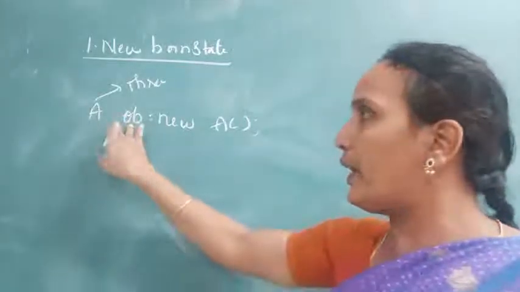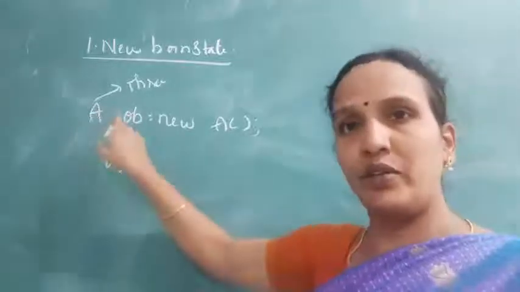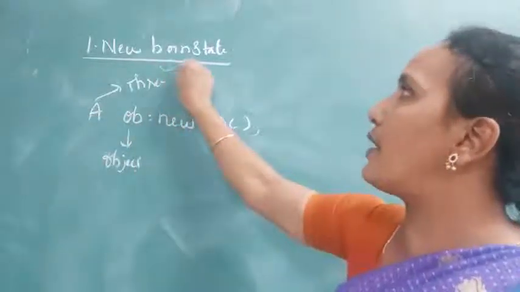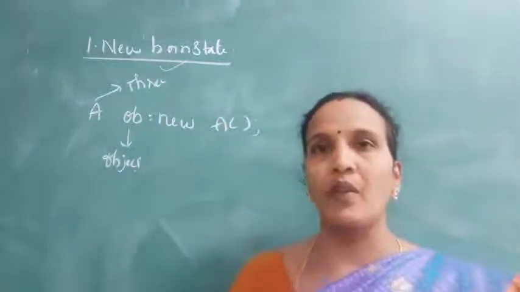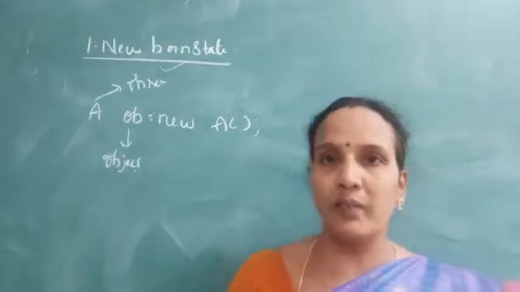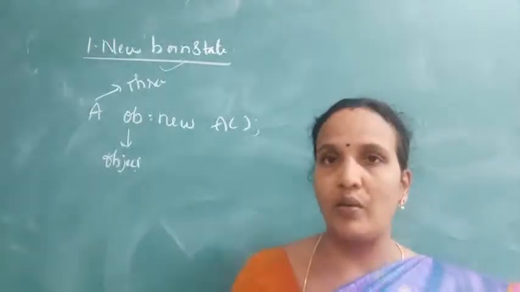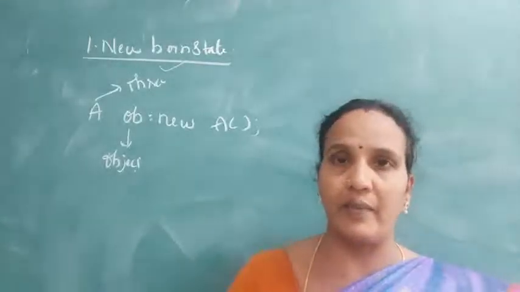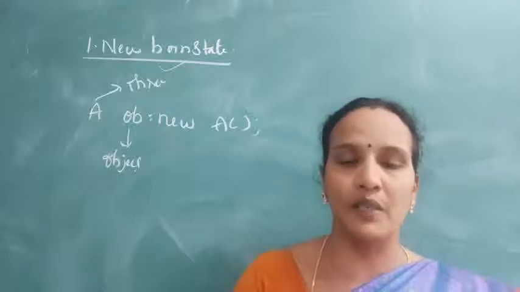So when a thread is only created by using its object, that is called a newborn state. What is a newborn state? When a thread object is created, that is called a newborn state.